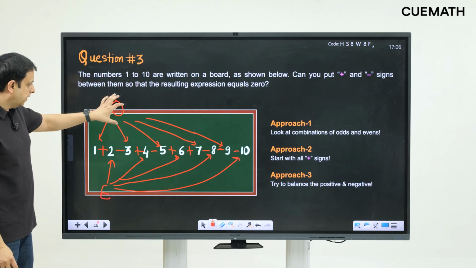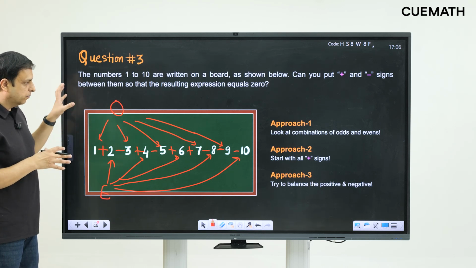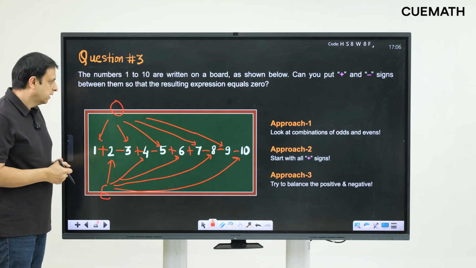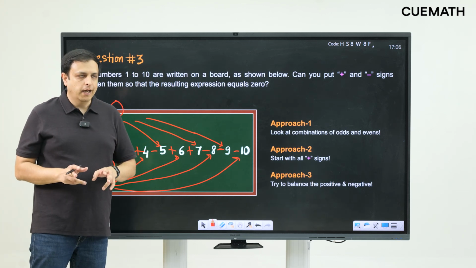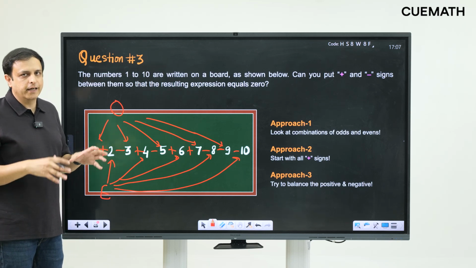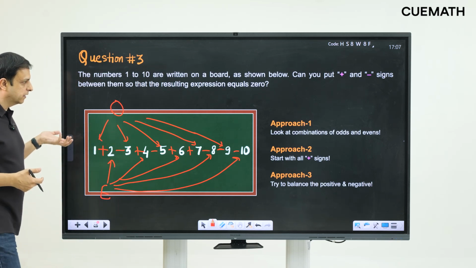Therefore finally if you combine the odd and the even combinations, you should get an odd combination as a result, but 0 is even, and therefore there is no placement of plus and minus signs here that can get you the resulting expression to be 0. So the answer is that this is not possible.